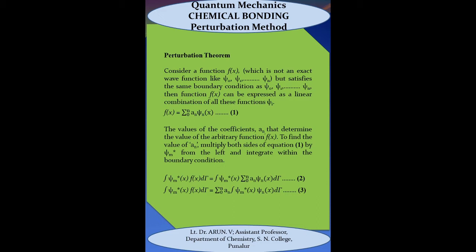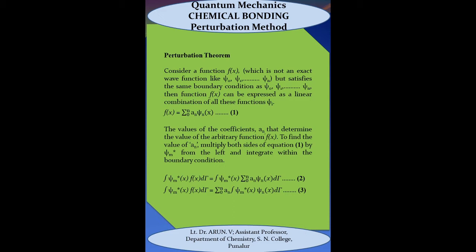Then the function f(x) can be expressed as a linear combination of all these functions psi 0, psi 1, etc. to psi n, or in general we can write psi n. Therefore, the function f(x) is equal to sigma 0 to n a_n psi_n(x).